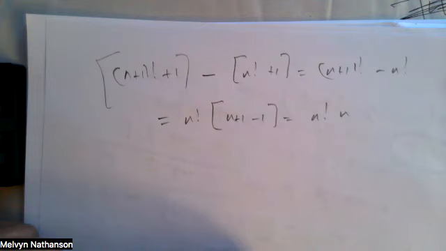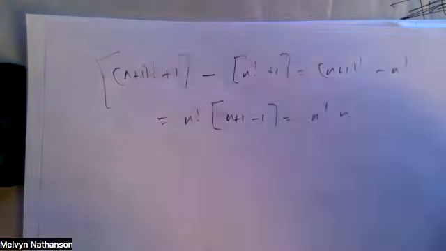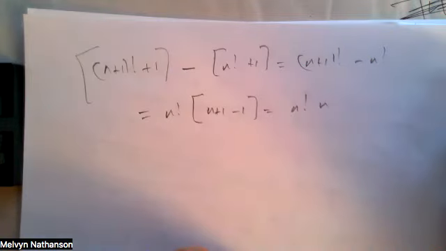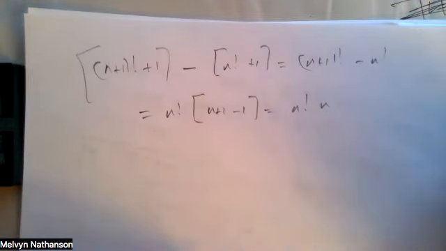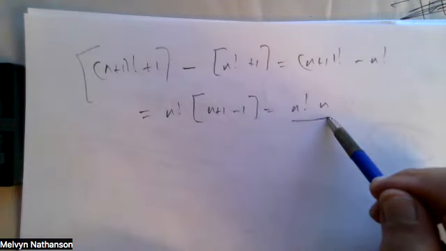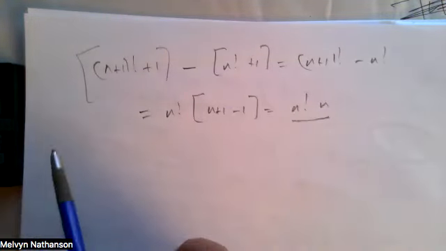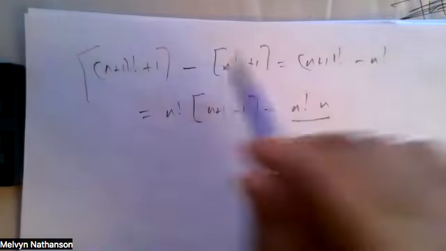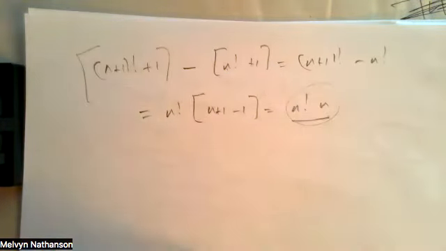But then what do you do next? This is a correct statement, but it doesn't prove yet what you're trying to prove. The difference of these two numbers is this. And you could say if D is a common divisor of this number and this number, then D divides this number.